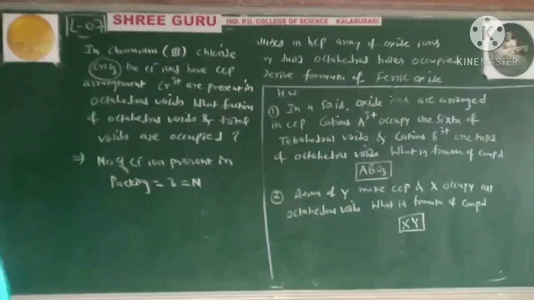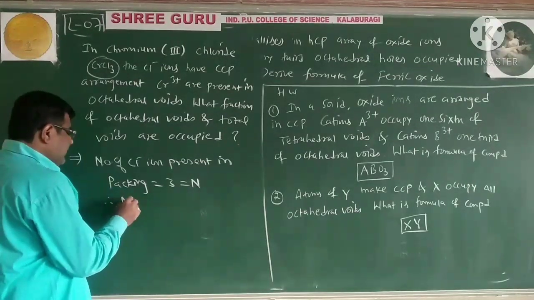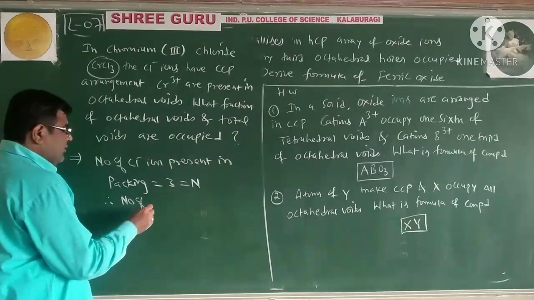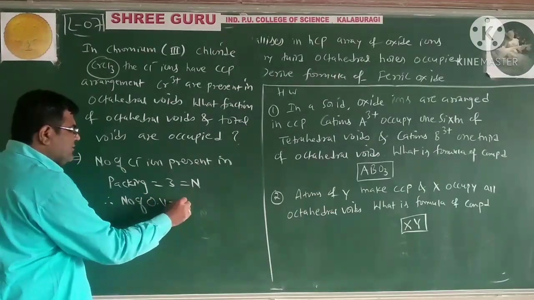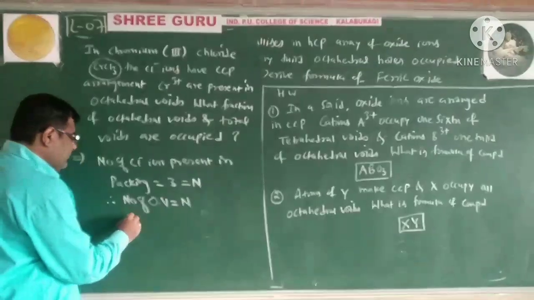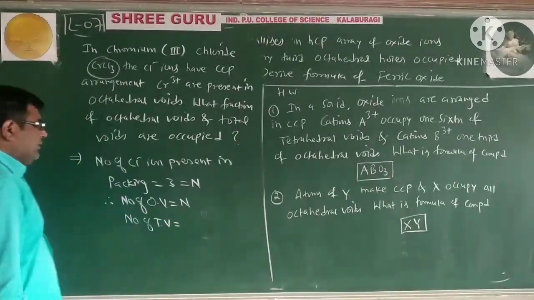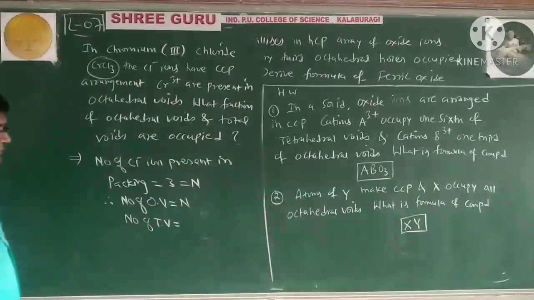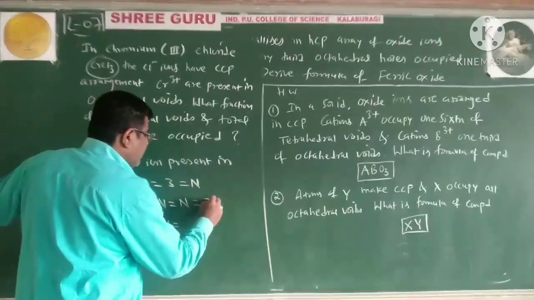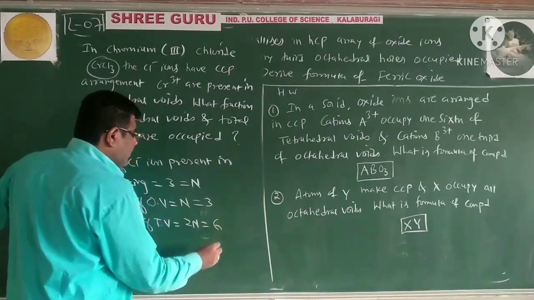Number of particles are N. Hence we can say the number of octahedral holes is also equal to N. Number of tetrahedral holes is equal to 2N equals 6.